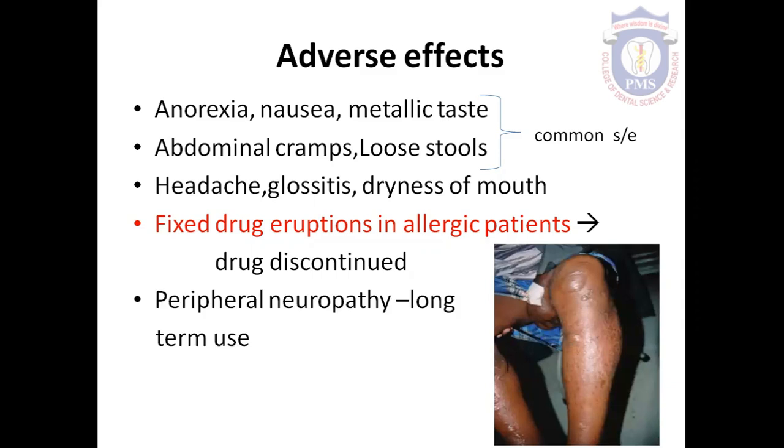In long-term use, it can cause peripheral neuropathy. So the adverse effects include anorexia, nausea, metallic taste, abdominal cramps, and loose stools, which are common side effects, headache, glossitis, dryness of mouth, fixed drug eruptions in allergic patients, and on long-term use, peripheral neuropathy.